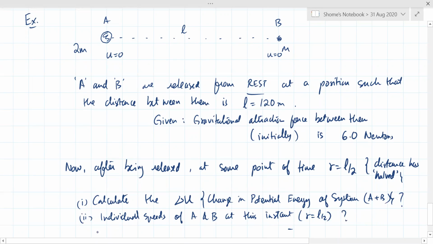Okay. So in both these parts, assume only mutual gravitational force acting.